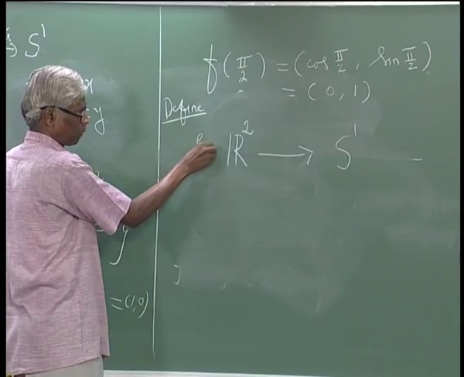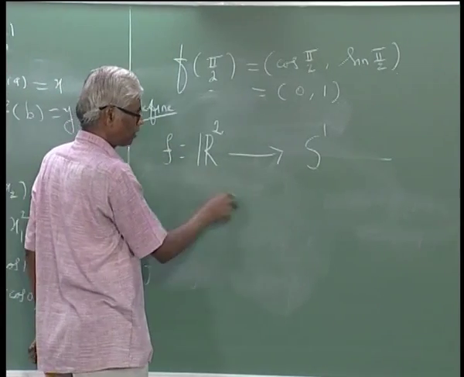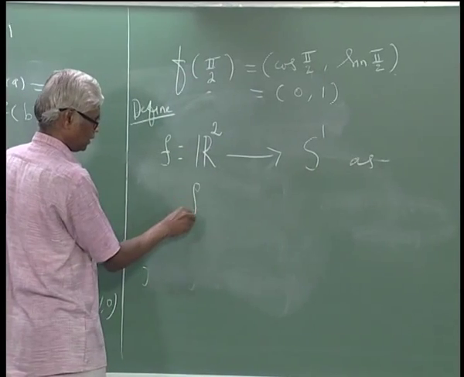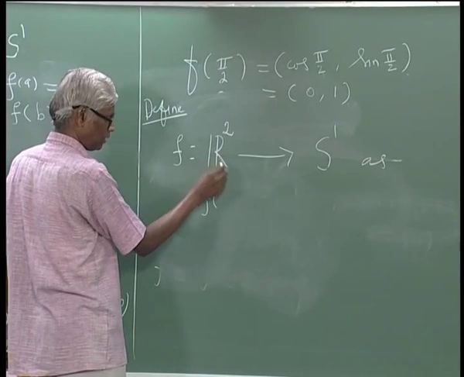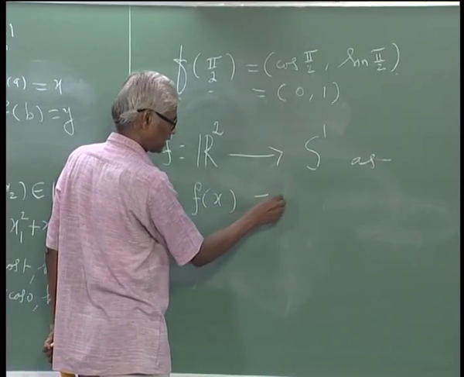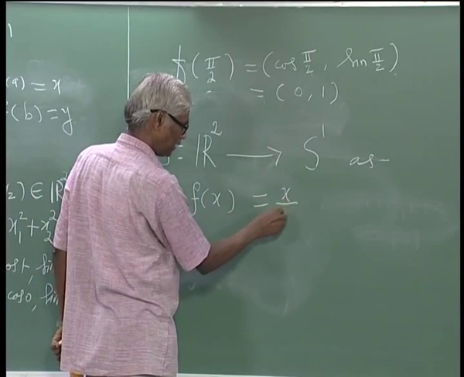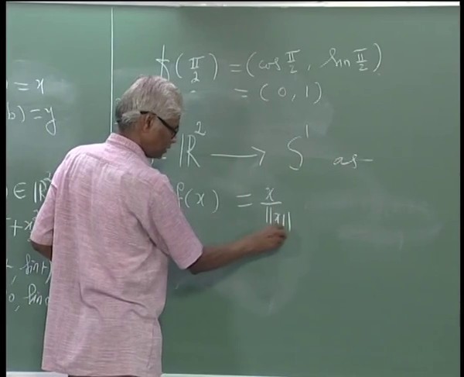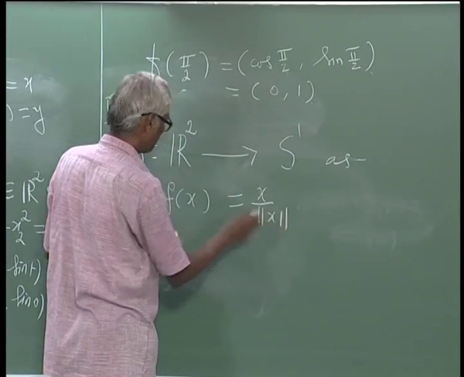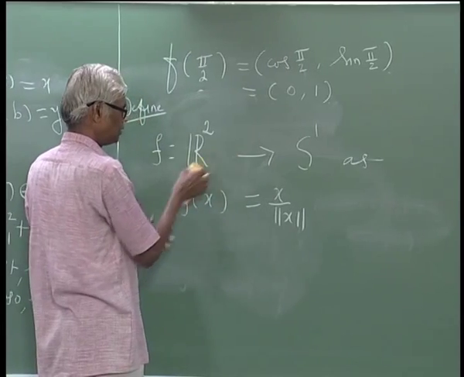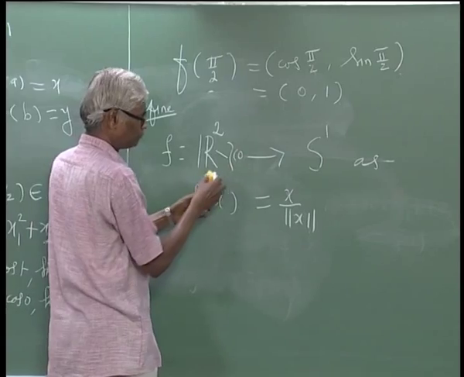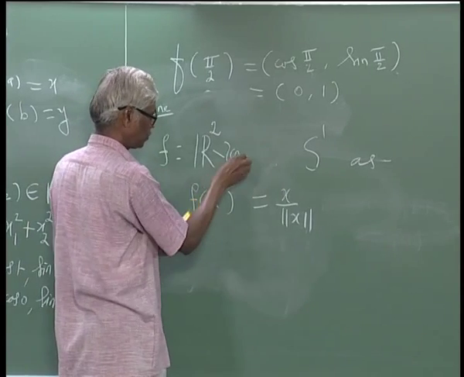Say f from R2 to S1 as f of an element x, where we take care that we want to write x divided by its length. So, the length should not be 0, which means x should not be 0; we remove the origin, the ordered pair (0, 0).